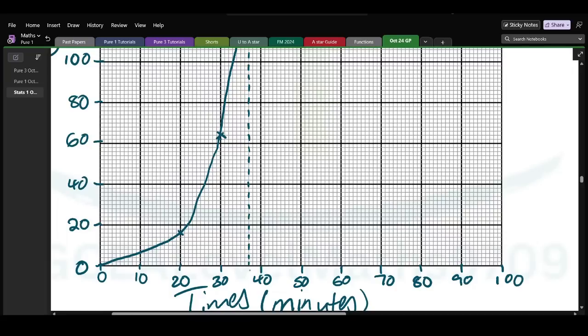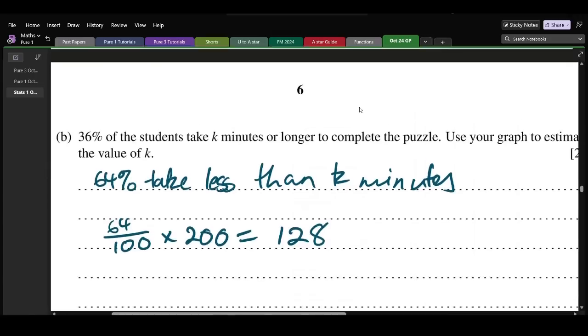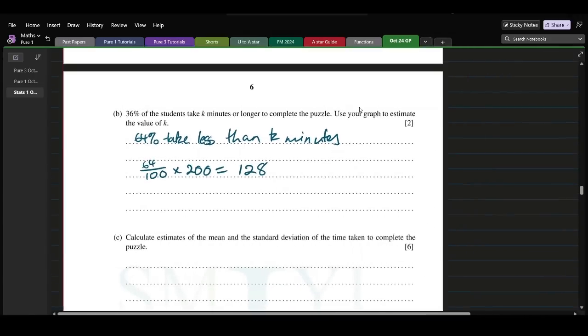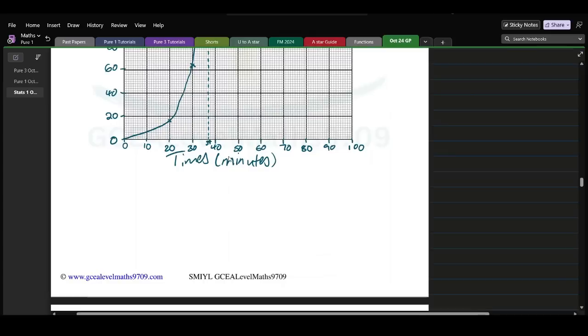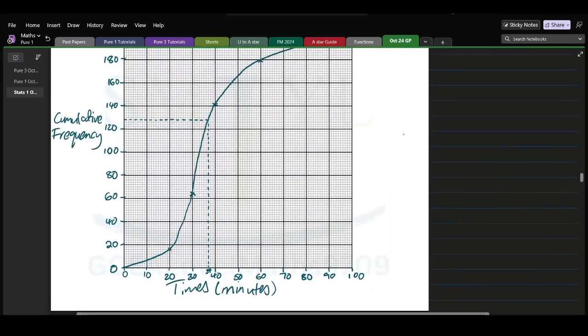Alright, so this here looks like it's 37. Yes, that's 37. So we can conclude that K is equal to 37. So what this means is that 64% of students, which is the 128, take less than 37 minutes to complete the puzzle. And it means that 36% of students take 37 or more minutes to complete their puzzle.